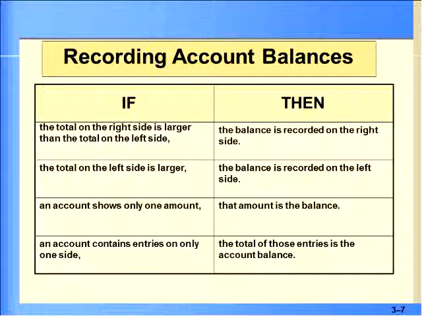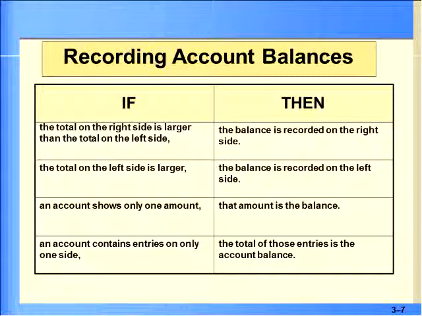So if the total on the right side is larger than the total on the left, then the balance is recorded on the right side. If the total on the left side is larger, then the balance is recorded on the left side. Make sense?